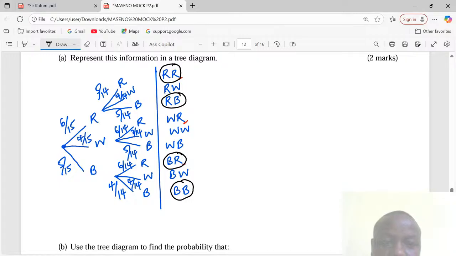Red, blue. Let me work it out here so that I don't waste a lot of time.